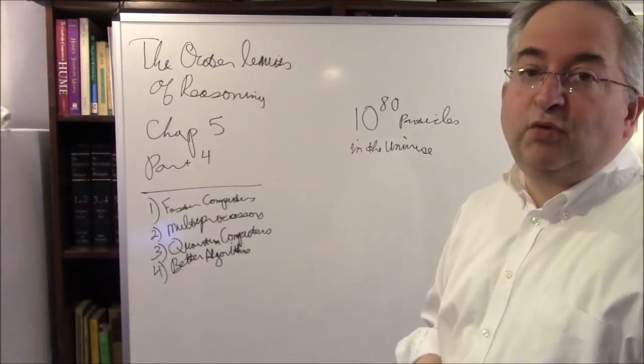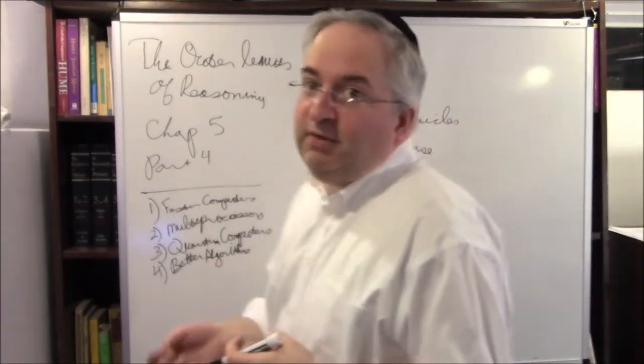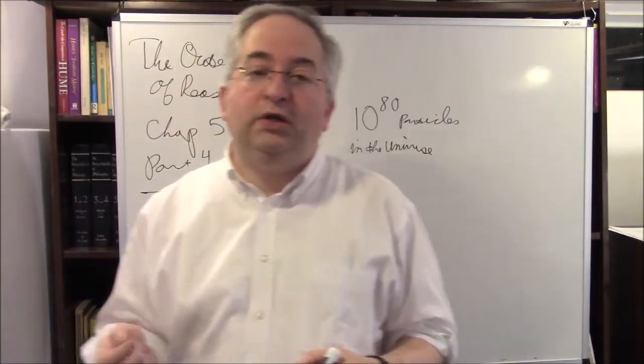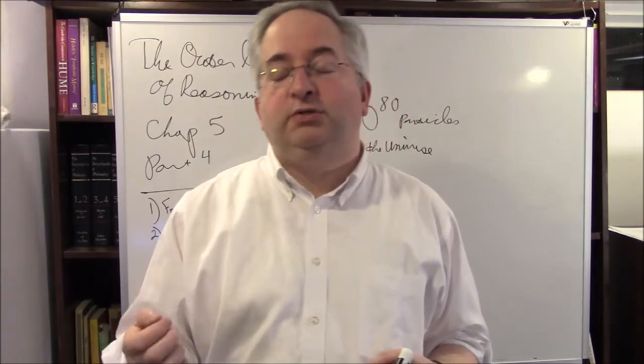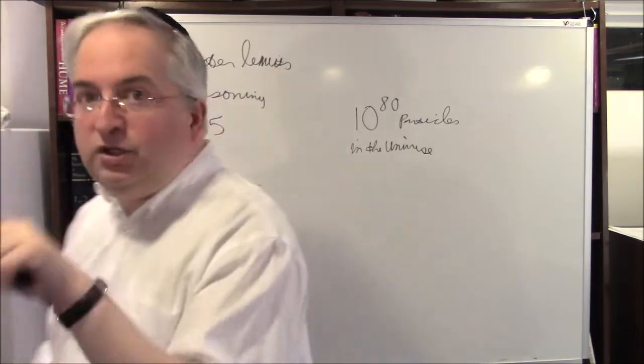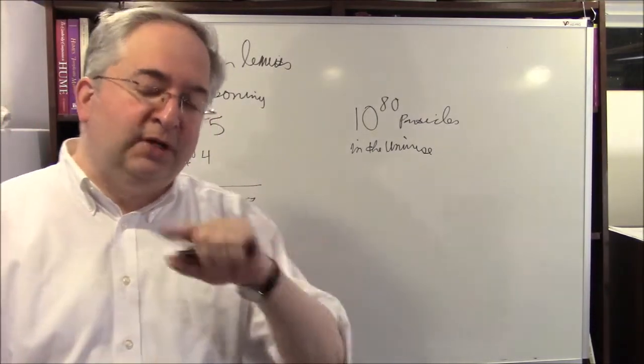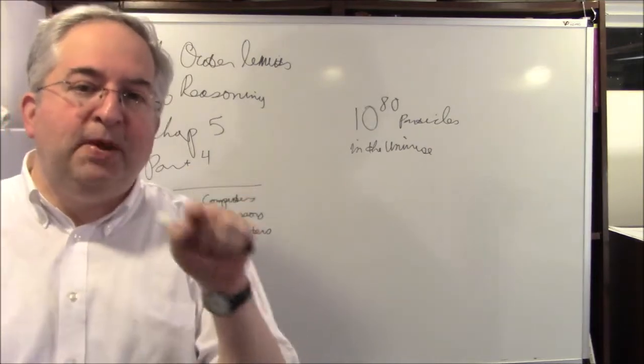Well, let's talk about the fourth thing. That's better algorithms. We saw this idea before when we were doing Euler's cycle problem. We said, you know what? You tried going through all possible paths. That was okay, you got the answer, but it took you a long time. But here's a better way to do it.